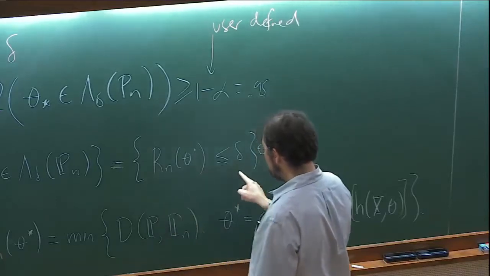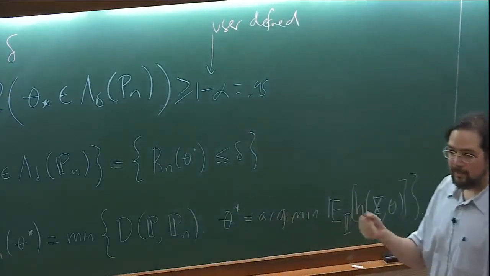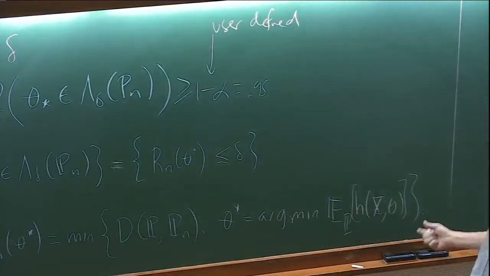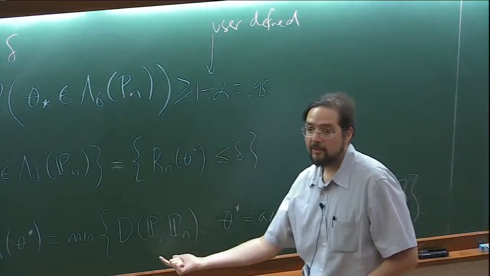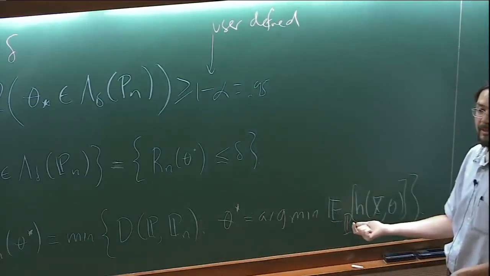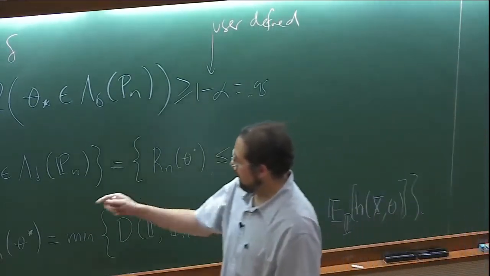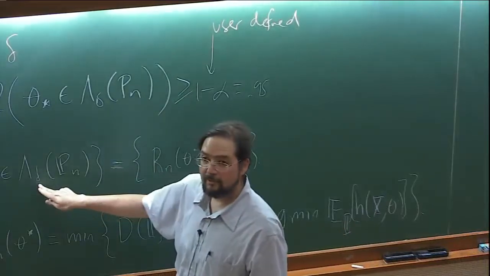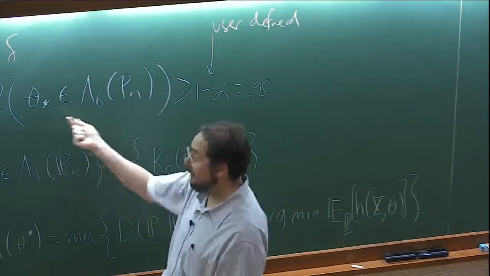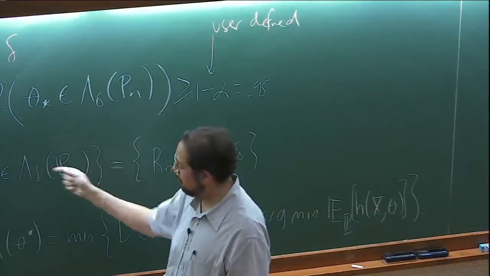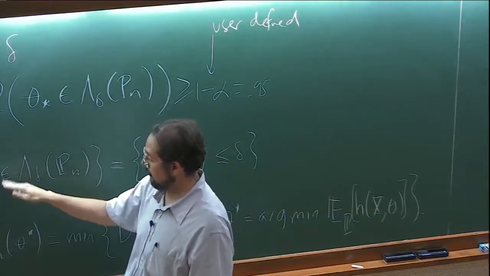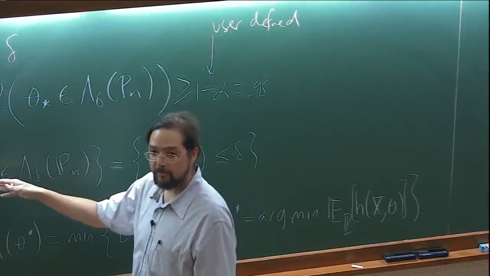Rn of theta star is less or equal to delta if and only if there is a P in this set of probabilities that is within delta distance and for which theta star is optimal. That would mean that theta star has to be in this set, because this is the set of P's that are within delta of Pn and that correspond to optimal decisions, right?